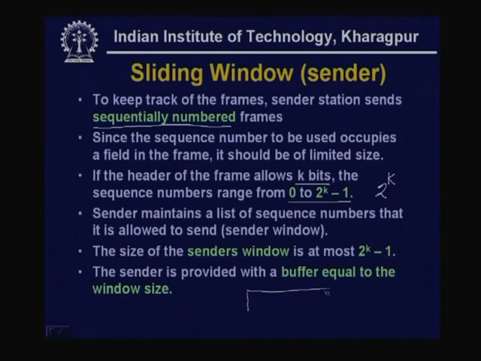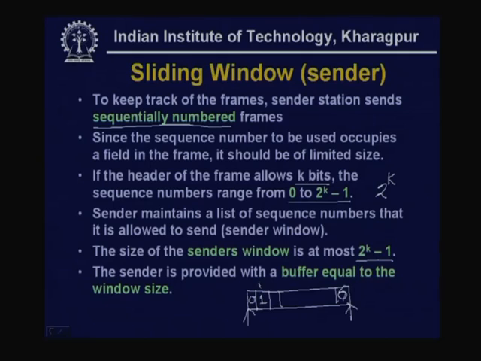It is essentially the number of frames that can be sent, say starting with 0, and if you are using 3 bits, it can be 0, 1 up to 7. However, you will see that the window size is usually not 2 to the power k, but 2 to the power k minus 1, less than this, so it has to be 1 to 6. This is the range of frames which can be sent from the sender without receiving an acknowledgement.